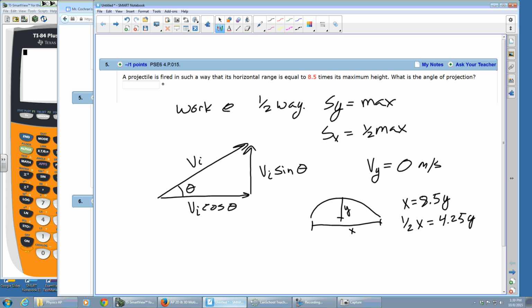So s of y, 4.25 y, equals s of x up here. That's my value. What's your value? So yours would be 2.5. Yeah. Yep.